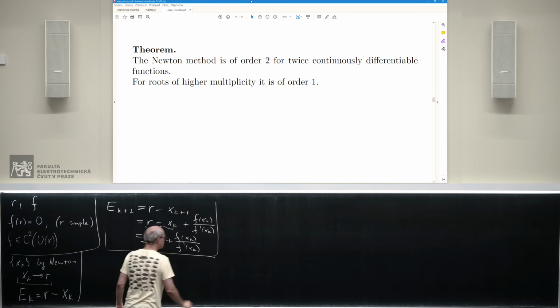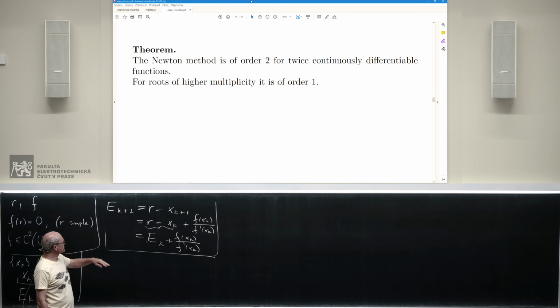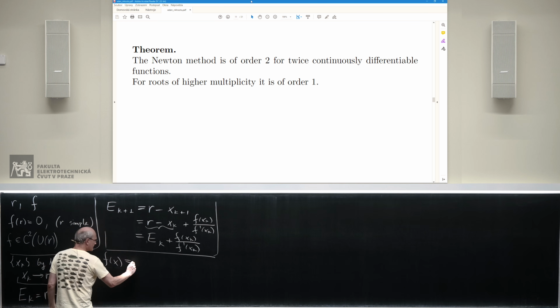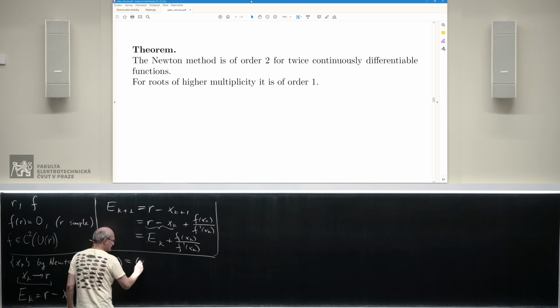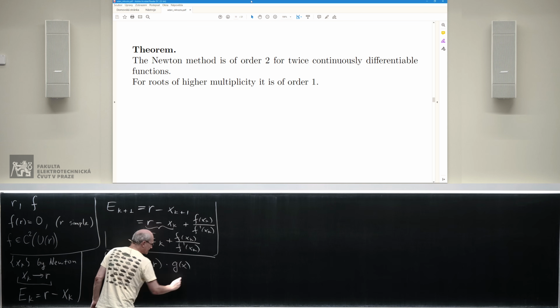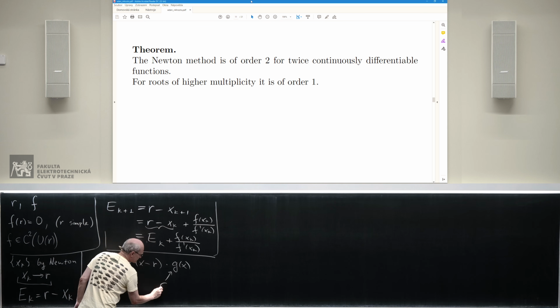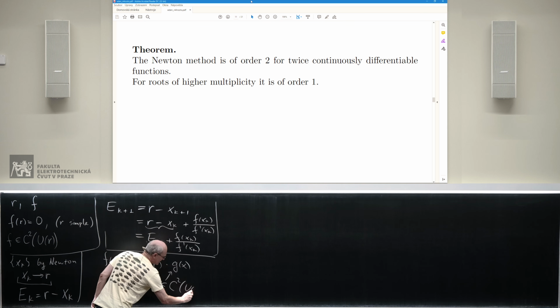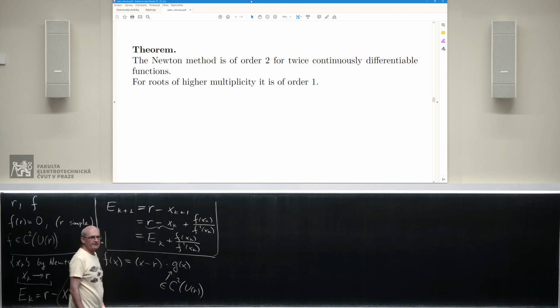Before we move on, I'm going to focus on what's happening with the root. If r is the root of our function, then we should be able to write the function as follows. We factor out x minus r, and then there is some function g which is left, and this function again should be twice continuously differentiable on some neighborhood of our root.